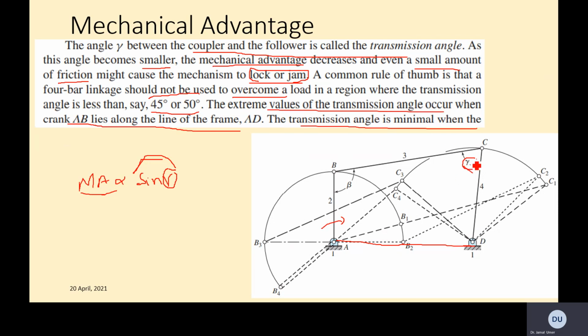In that case, you get the gamma value at its maximum, and the minimal is explained as well. It's also minimal when you get the straight line. If you want to read further, the following paragraphs explain this phenomenon.